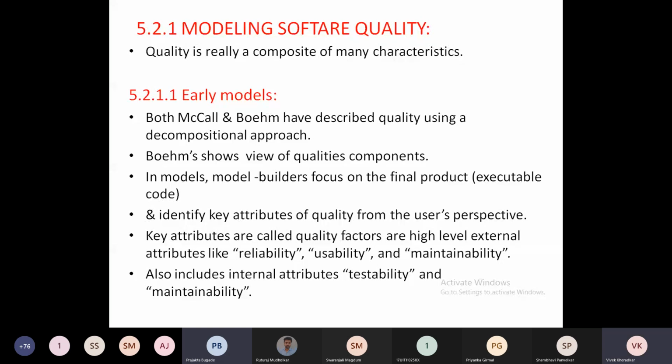Yes, any problem? No, sir. Okay, so these are the models designed based on the decomposition approach.